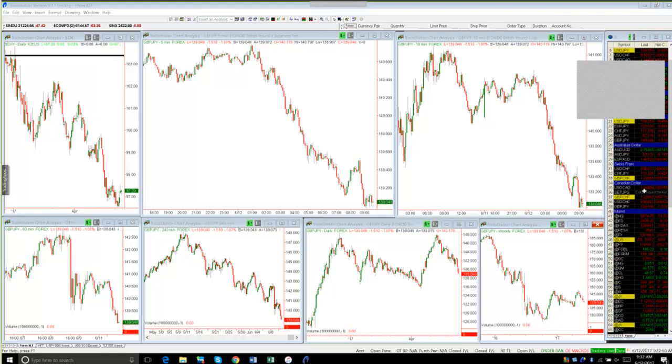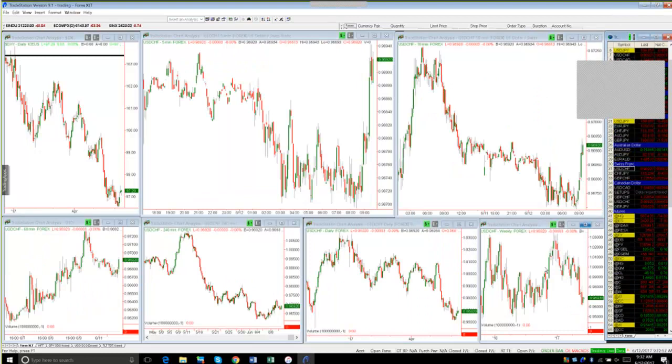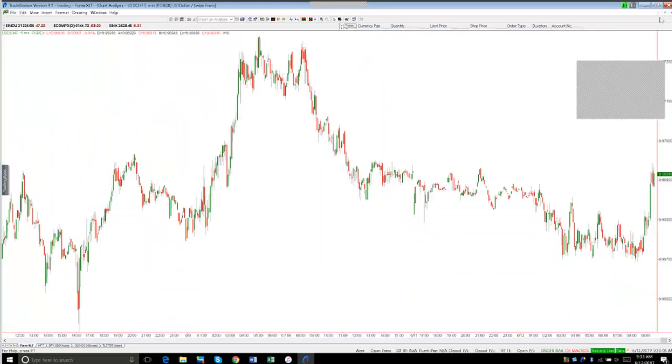Okay, let's keep going. Here's the dollar Swiss. I don't think I had much here other than there's a little day trading opportunity. I have it on my list. Pop this thing up, okay.